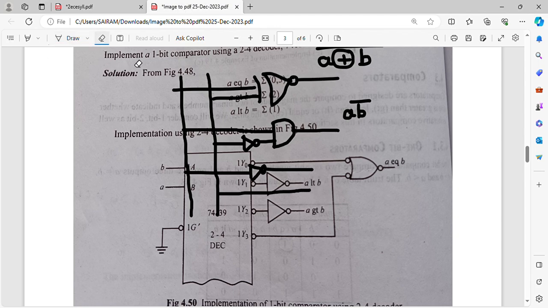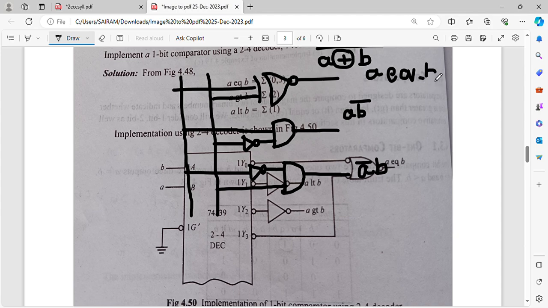That is what I'm trying to tell you. So this is A bar B, and this is for equal to, that is A equal to B, A greater than B, and A less than B.